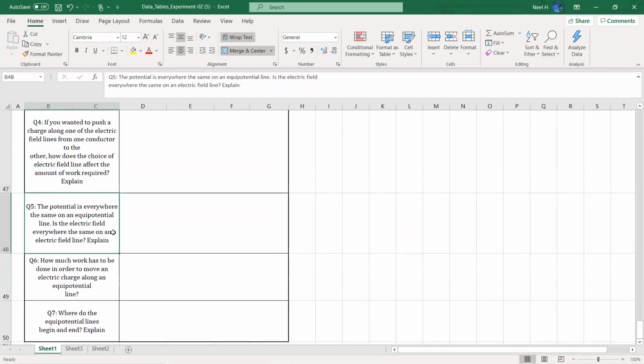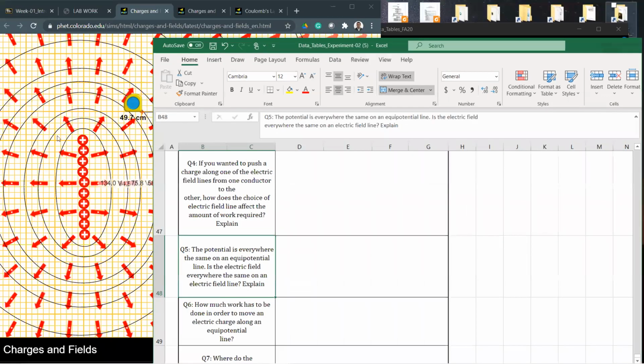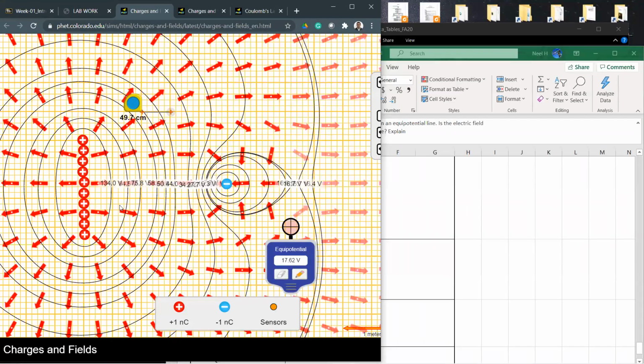Then question 5, potential is everywhere the same on the equipotential line. Is the electric field everywhere the same on the electric field lines? We know equipotential means potential is the same. These black lines right here represent that. But is the electric field strength the same if you go along an electric field line from positive to negative?